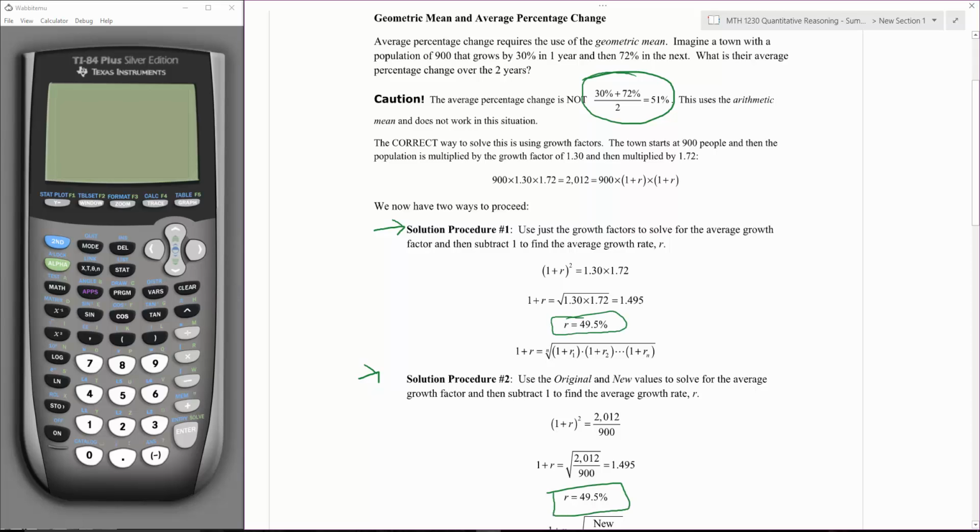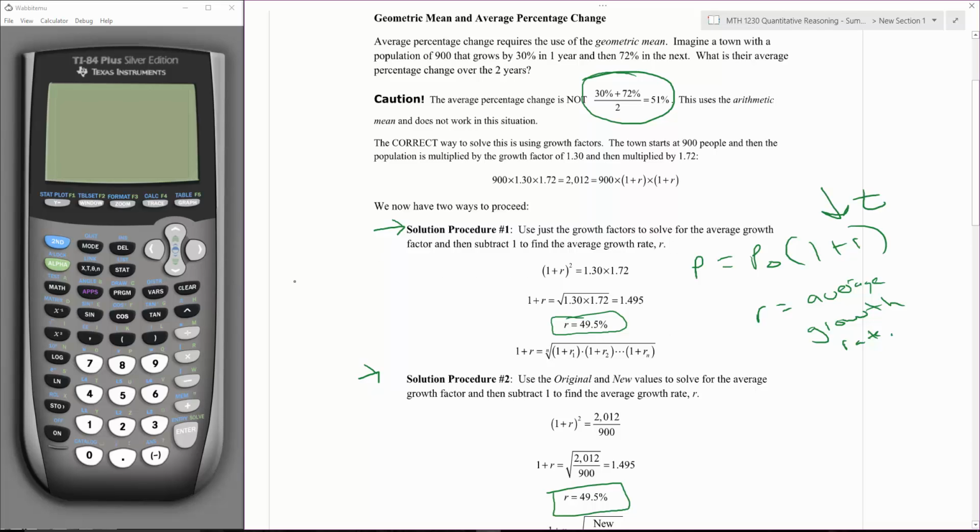You can use either equation. In the equation P equals P naught times 1 plus R raised to the T, R is your average growth rate. So what we need to do is plug in what we know and solve for R.